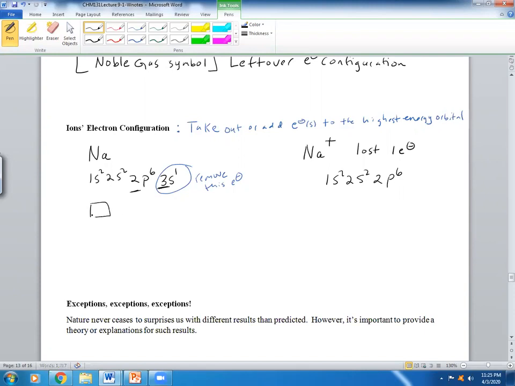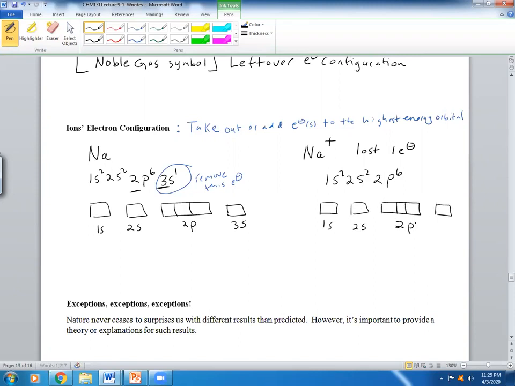which is again reflected on the orbital diagram, just to show it here, but be able to do it. 3s1. So you go up, down, up, down, up, up, up, down, down, down, and then up.